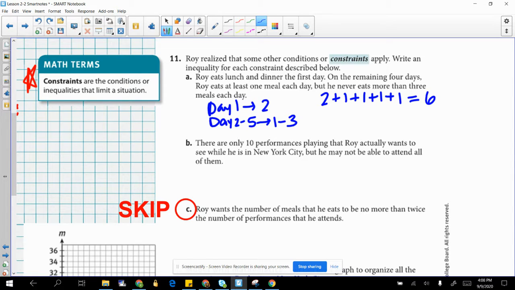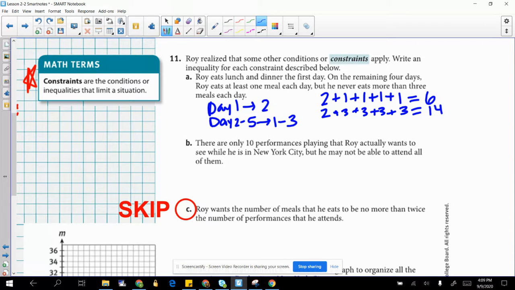And then the most amount that he would eat would still be 2 on the first day. But let's say he eats 3 the rest of the days. So 3, 3, 3, 3. So that's going to be 3, 6, 9, 12, 14.